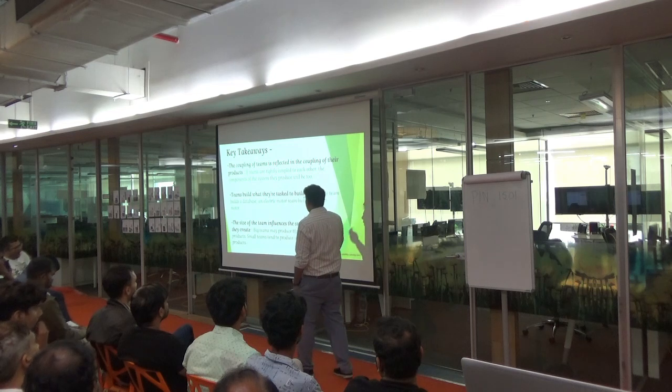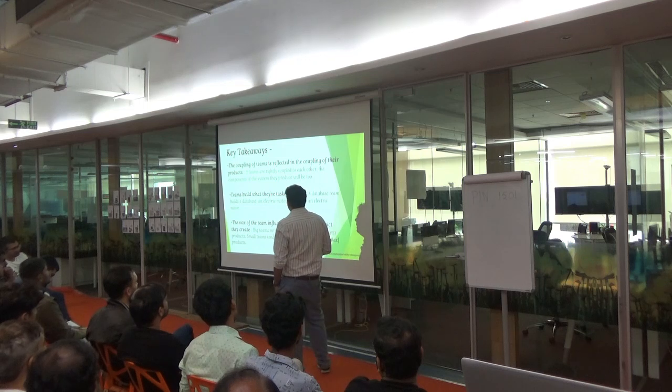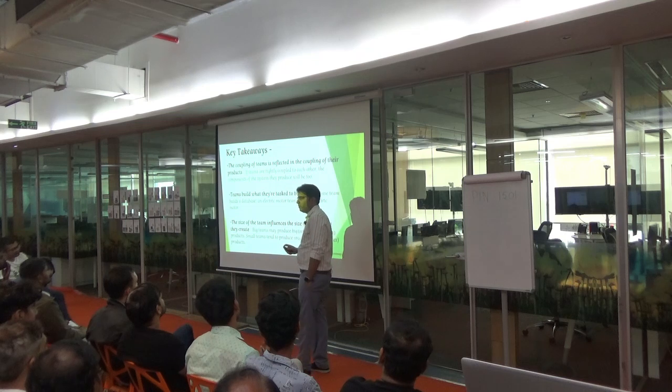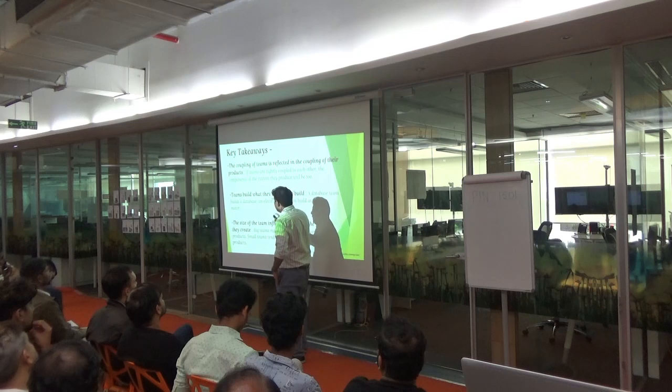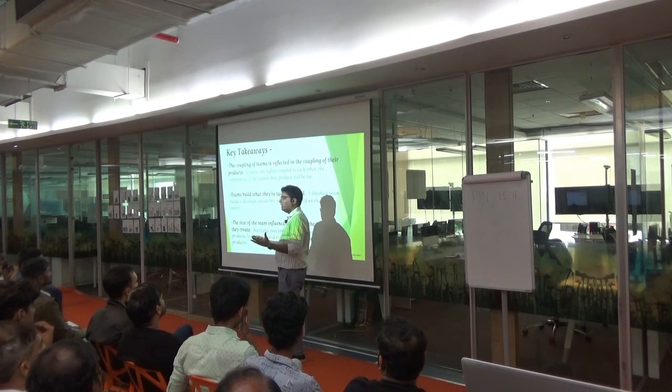So if you see what the key takeaways are from Conway's law, the coupling of teams is reflected in the coupling of their products. This is very important. Again, I am saying this is not even only in software. Even if you see, this is how we also react in life, right?